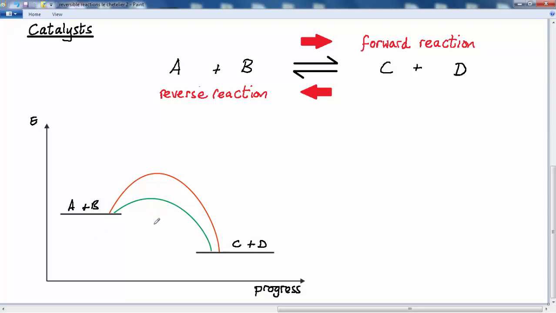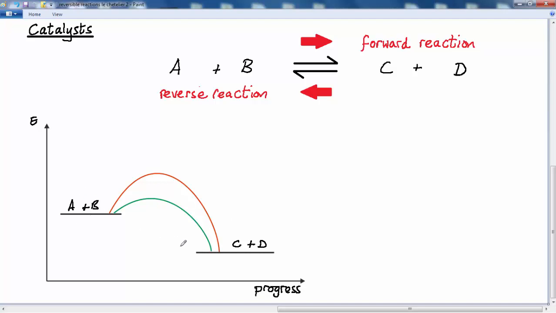So all we're doing is speeding up the reaction, but we're speeding up the reaction in either direction. So the rate of the forward reaction is being increased, but at the same time the rate of the reverse reaction is also being increased. So actually nothing shifts. In terms of the equilibrium balance and the yield, nothing changes.